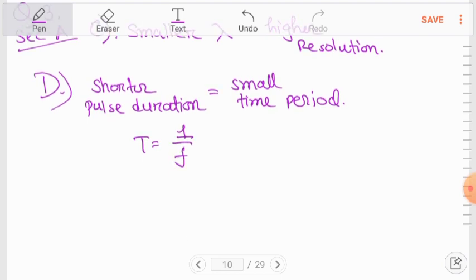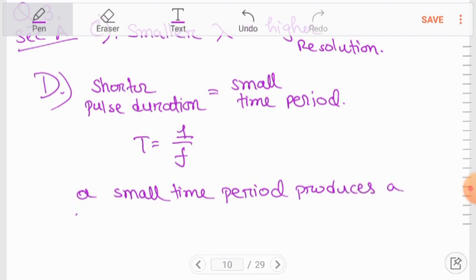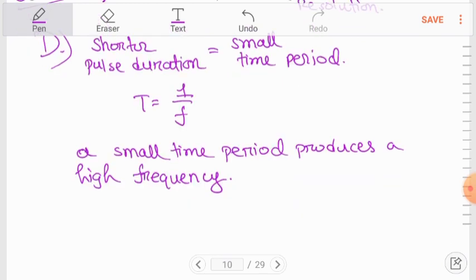According to this equation, time period is inversely proportional to frequency, which means that any wave which has a smaller time period will certainly have a high frequency. So a small time period produces a high frequency.